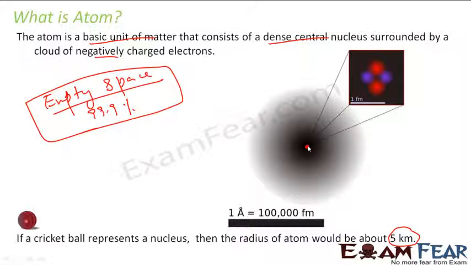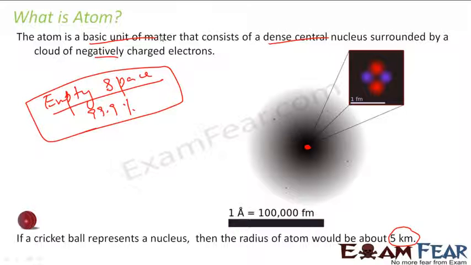And then you have a very small percent, the nucleus, which is dense and has protons and neutrons, and then you have a probability of finding electrons somewhere here, and they keep moving. We'll understand this when we discuss the quantum model of the atom, how the electrons are distributed across this atom. But just understand, an atom is a basic unit of matter.